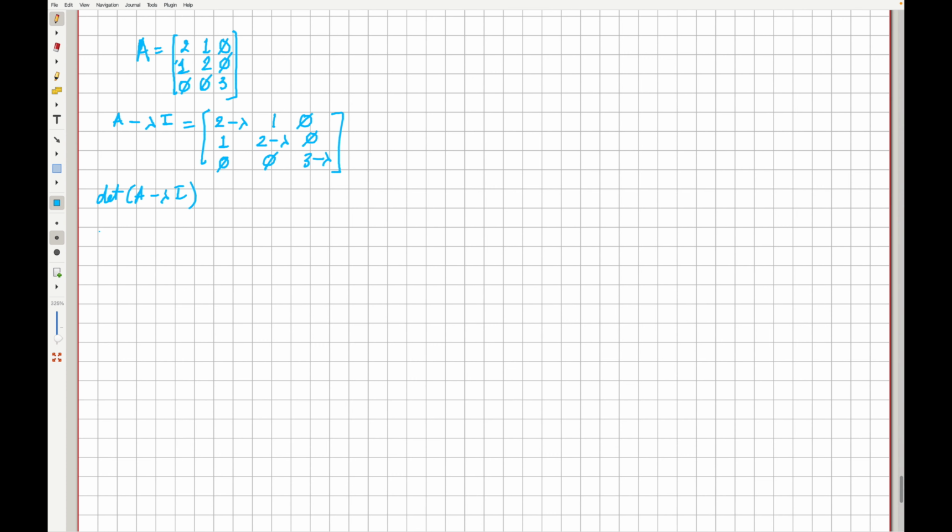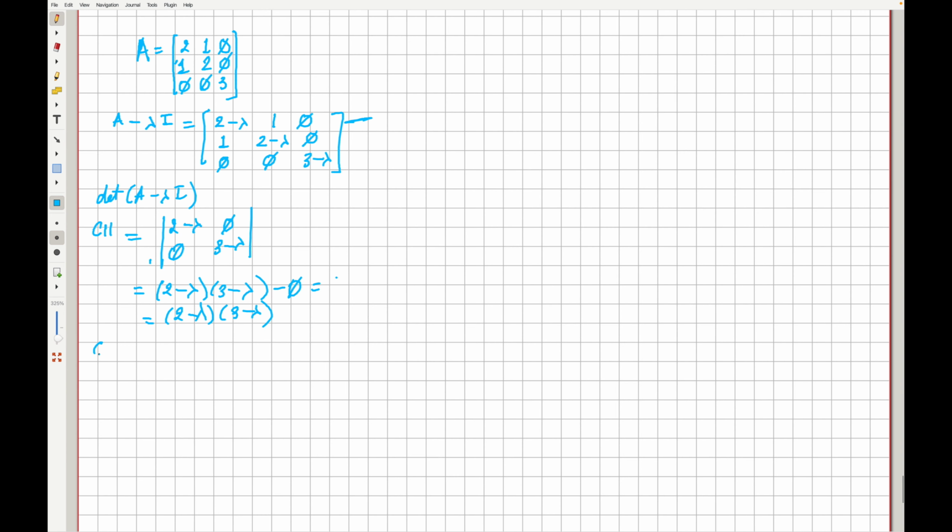First row, so C11, we are going to look at 2 minus lambda, 0, 0, 3 minus lambda. So if we multiply the diagonal terms, we get 2 minus lambda times 3 minus lambda minus 0.